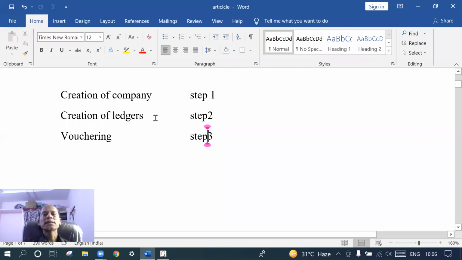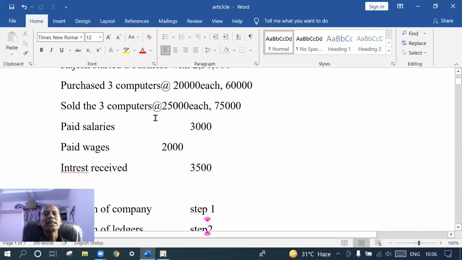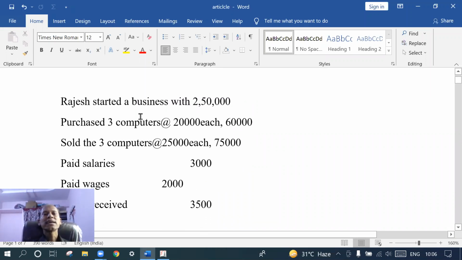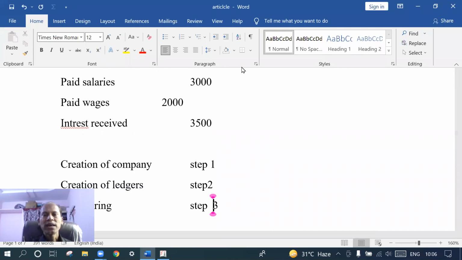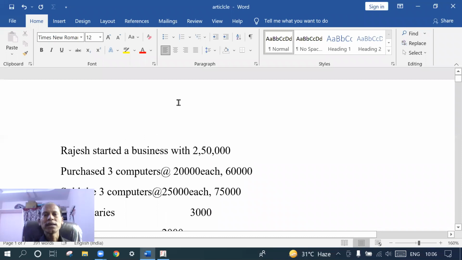Next step is creation of ledgers. In these ledgers, see, Rajesh capital account. See carefully.